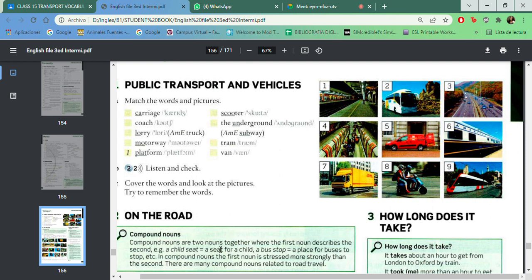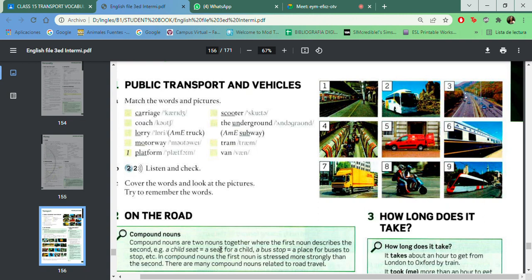Coach is like a bus for long distances. Sometimes when we go on vacation, you take a coach. Yes. Great. For example, Miss, why lorry for truck? Lorry is the British word for truck.